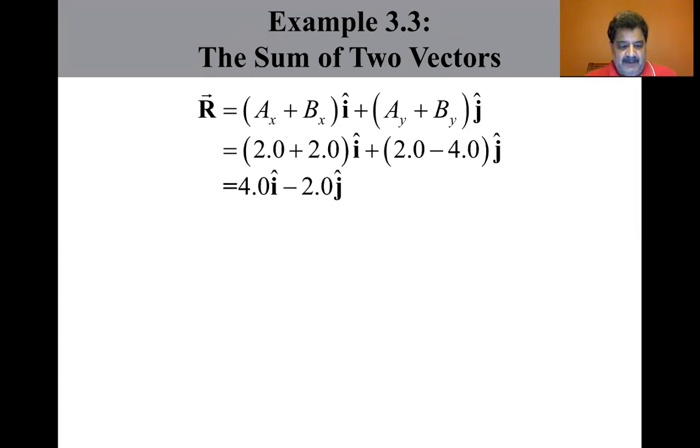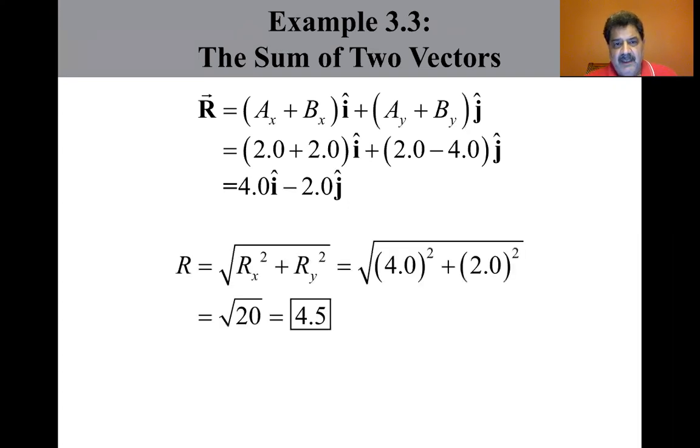And if we calculate the resultant, we get R equals square root of Rx squared plus Ry squared. Well, Rx is equal to 4 and Ry is equal to minus 2.